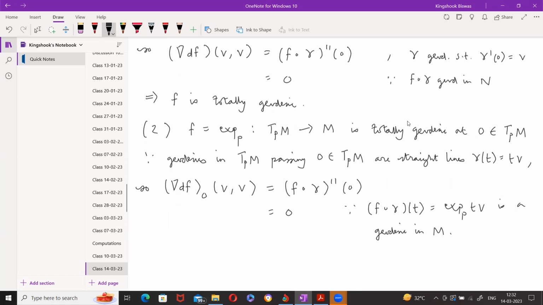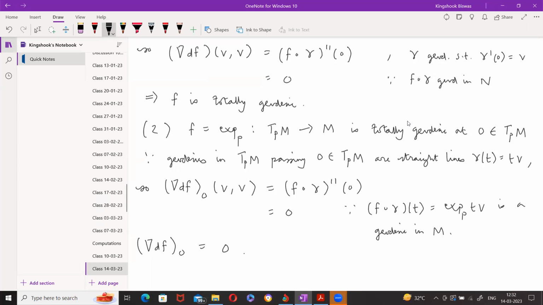But notice we can only say that the second fundamental form of the exponential map at the origin is 0. I can't say it at any other points. Because at another point, the geodesic passing through a point W will be of the form W plus tV, right?